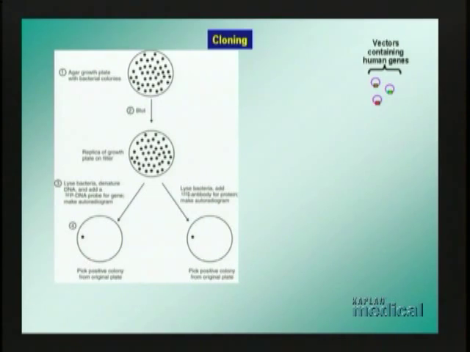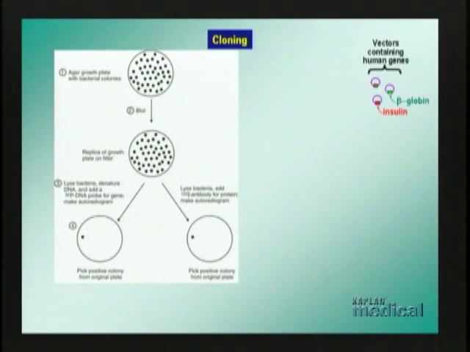For example, let's assume the red rectangle represents the insulin gene that has been inserted into this vector. And let's assume the green rectangle represents the beta globin gene inserted in this particular vector. And this is another vector that has spacer DNA or junk DNA or whatever.